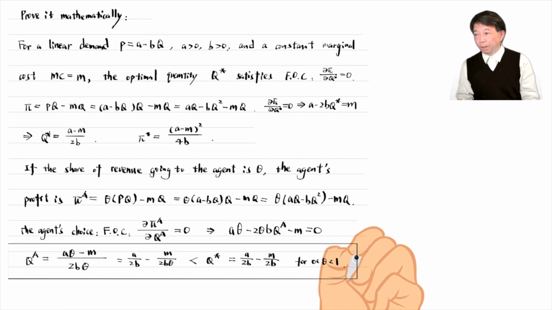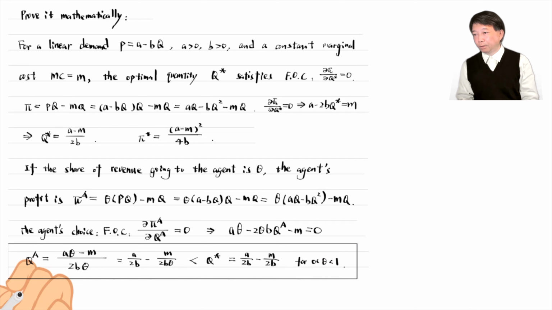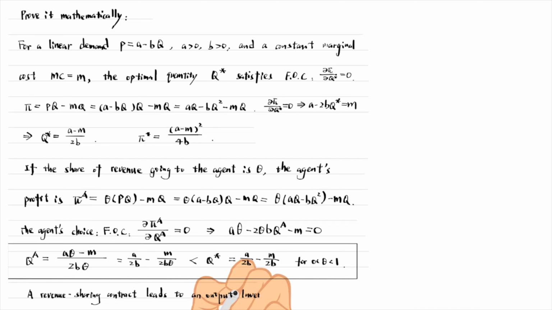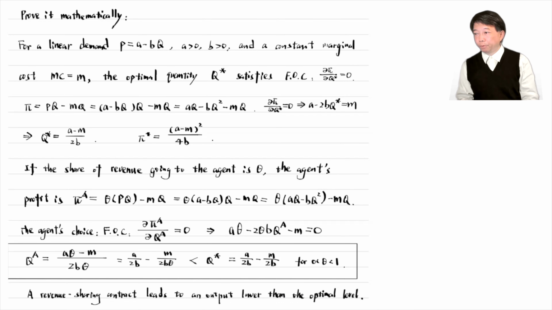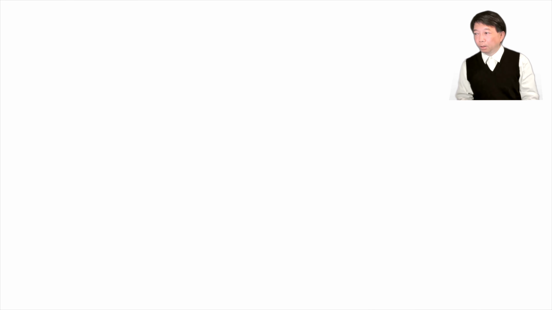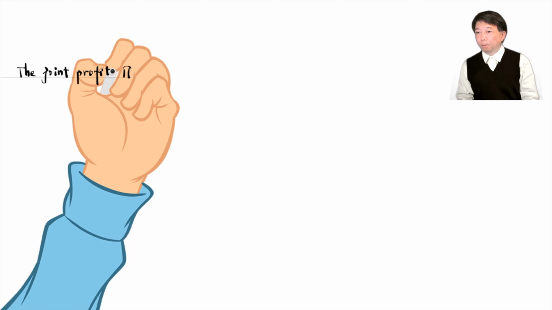His profit is maximized at QA, which is smaller than Q star. A revenue sharing contract leads to an output lower than the optimal level. The joint profit pi can be proved lower than the optimal level pi star.